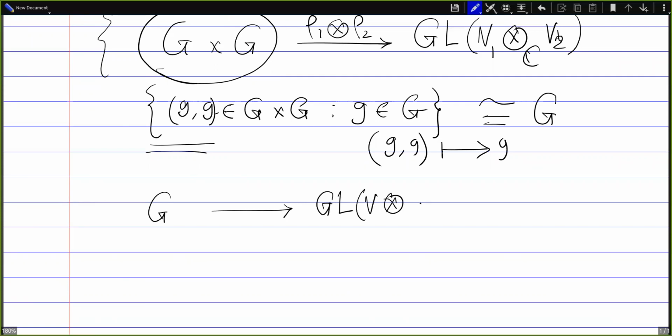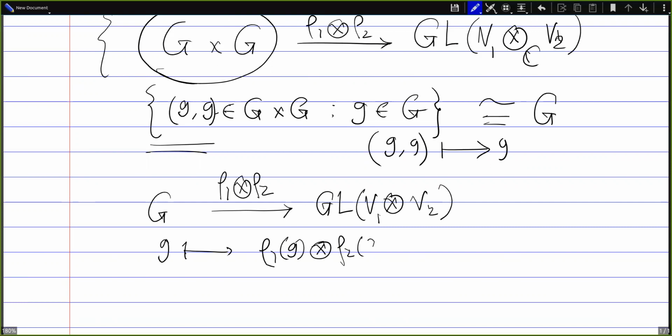Remember, I'm just restricting this homomorphism to the diagonal subgroup and then identifying that with G. So each g goes to rho 1(g) tensor rho 2(g). So this is exactly what we had initially defined in one of the earlier classes.